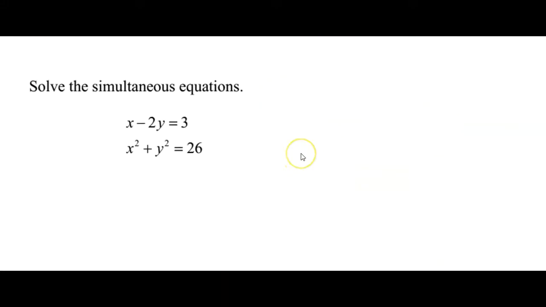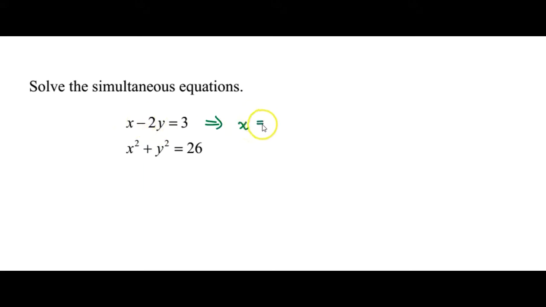I have one simultaneous equation to solve, where the first equation is a linear equation, and the second one is a circle. So to solve this, we're going to name the equations. Before we name them, I'm going to write one of the unknowns.